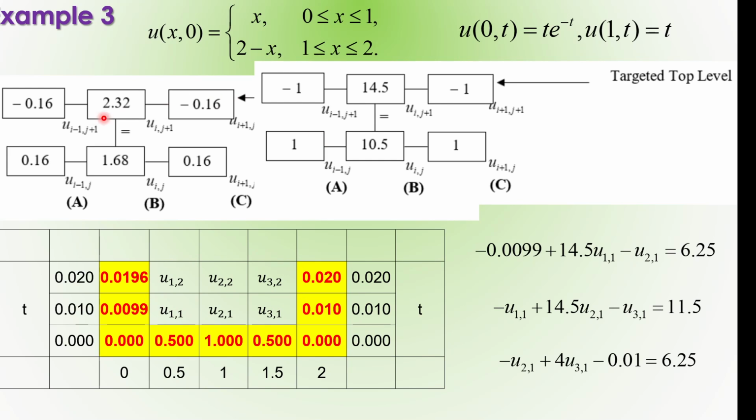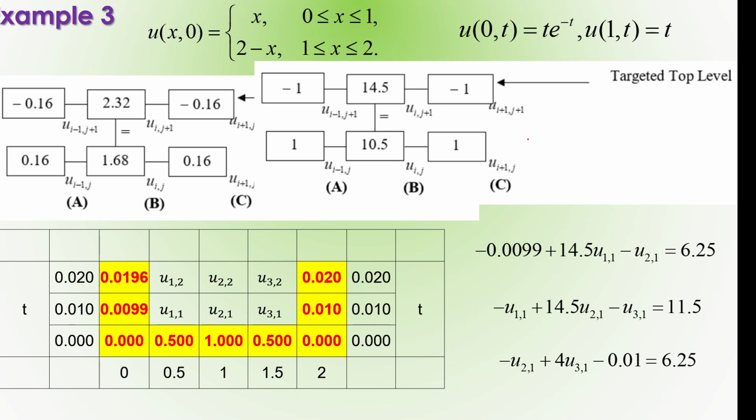Okay, and then we have two ways. You can either use the molecule we have here: negative r, this is 2 plus 2r, this negative r. This is r, this is 2 minus 2r, this is r. So you can calculate r. Okay, what's the r value?